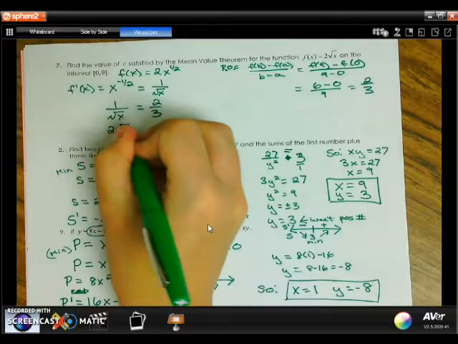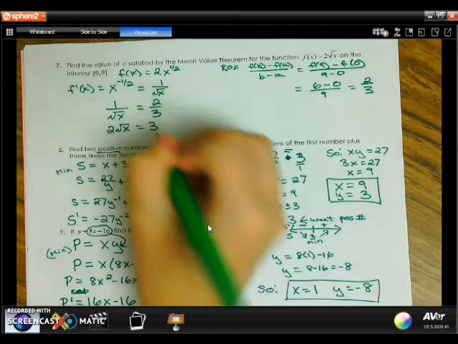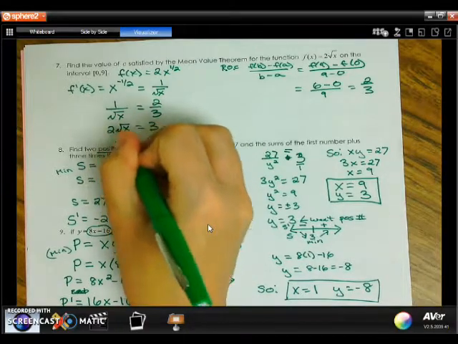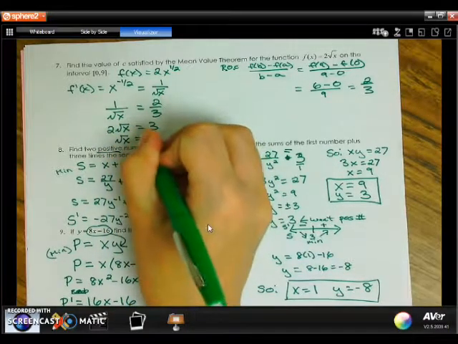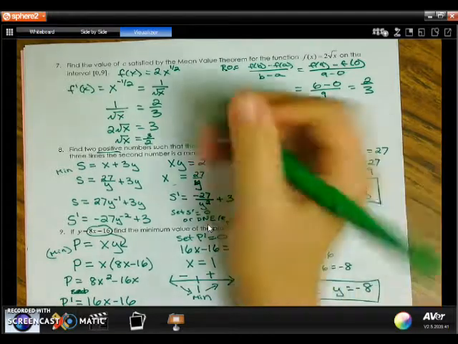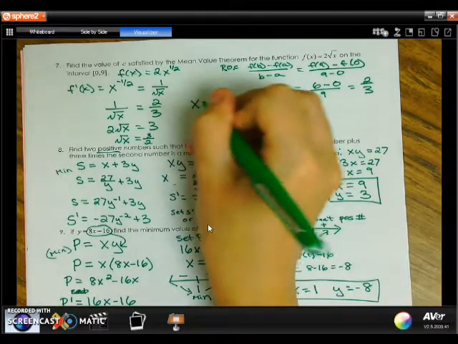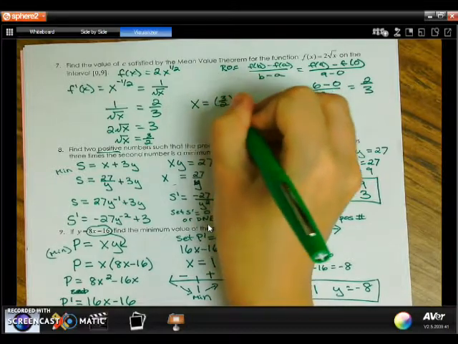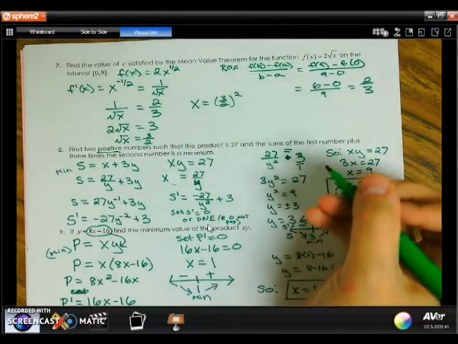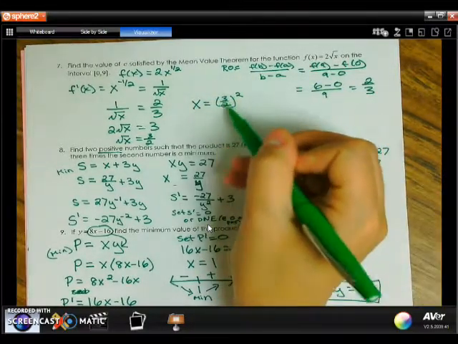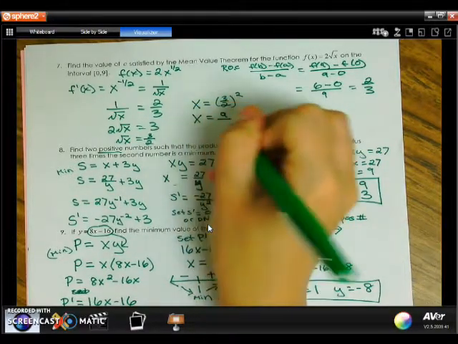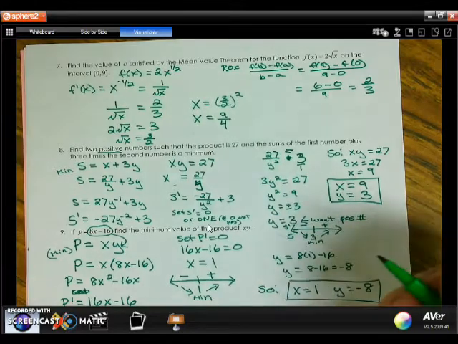So you have 2 square root of x equals 3. Divide both sides by 2, and you get square root of x equals 3 over 2. And then you square both sides, so you end up with x equals this squared, right? Quantity squared. And remember, when you're squaring this, you have to square the numerator and the denominator. So my final answer is going to be 9/4. And that would be the value of c.